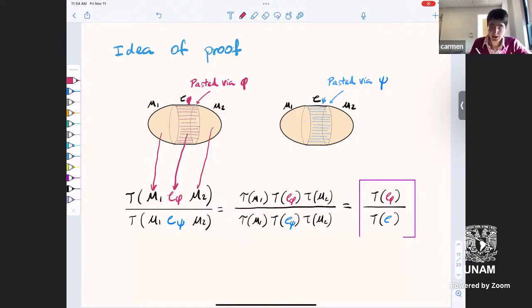And similarly, now we're doing multiplicative. My TQFTs are invertible, so there's no risk in putting that in the denominator. But what's happening in the denominator is exactly the same story. I have my M1, my central part, and my piece here. So it's the composite of those three morphisms.